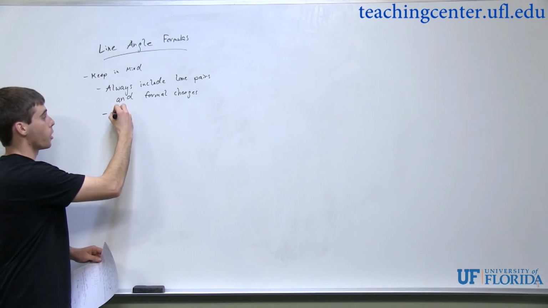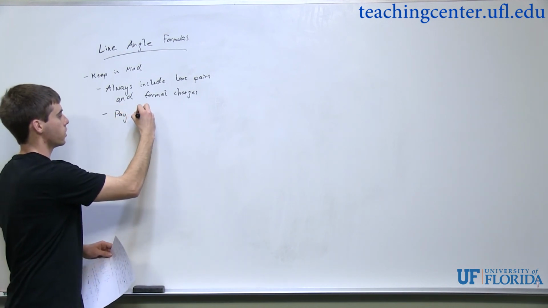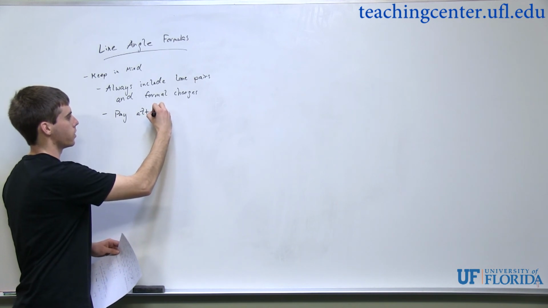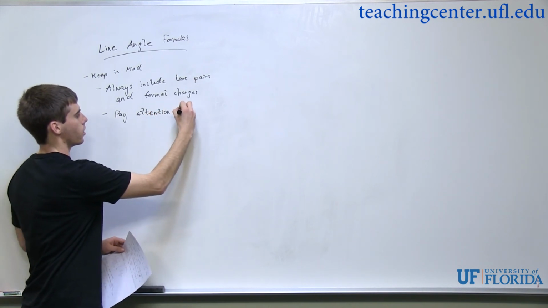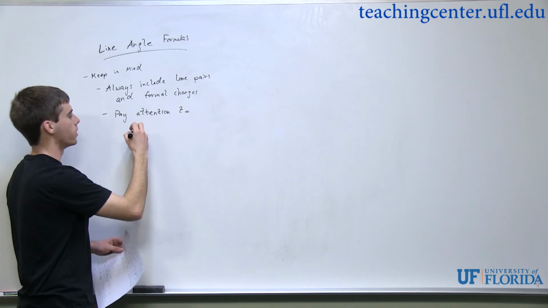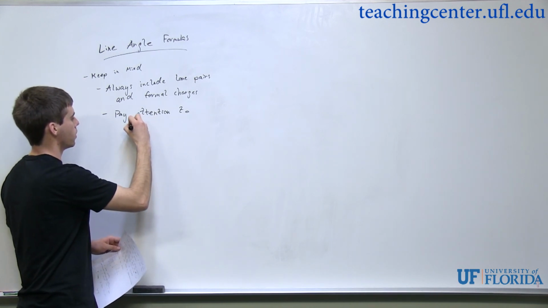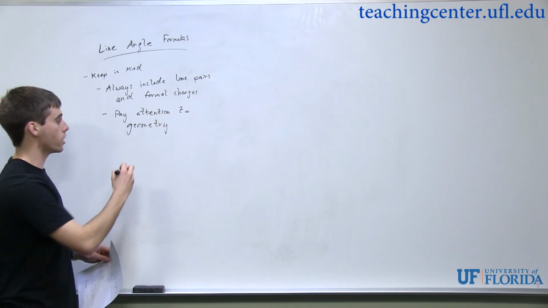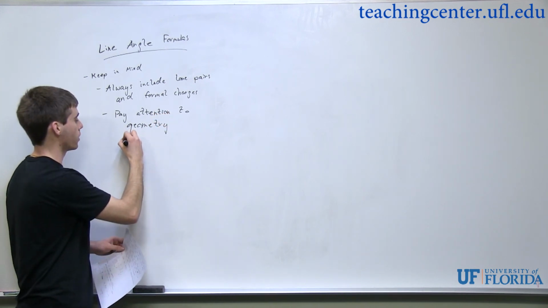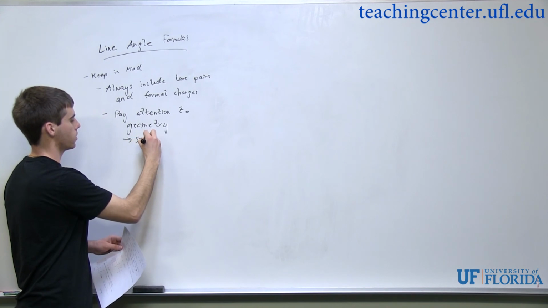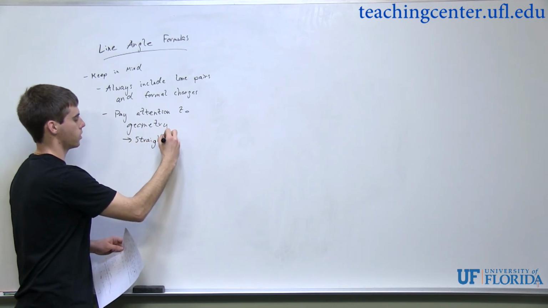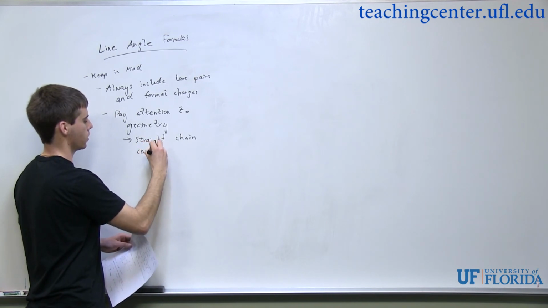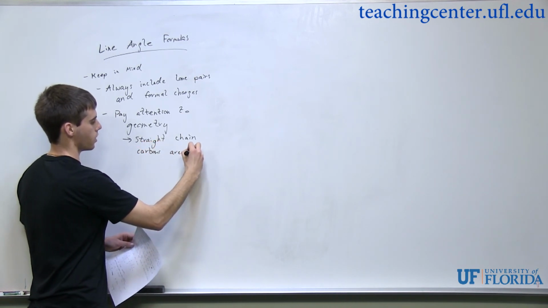Always pay attention to geometry. So this is kind of like the tetrahedral shape, or that's the most common one, trigonal planar. And a trick for this is anytime you have a straight chain carbon, it's going to be a zigzag. Straight chains are always zigzags.